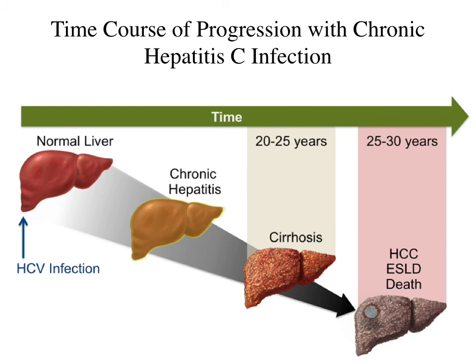Further, it's been difficult to design studies that convincingly define the natural history of chronic hepatitis C infection for multiple reasons, including the difficulty of accurately establishing the time of initial acquisition of infection, which sets the timeline for determining duration of infection, and the necessity to follow patients for decades to see clinical sequelae. Because remember, cirrhosis and liver cancer and so on, those kinds of outcomes develop years after the initial infection.